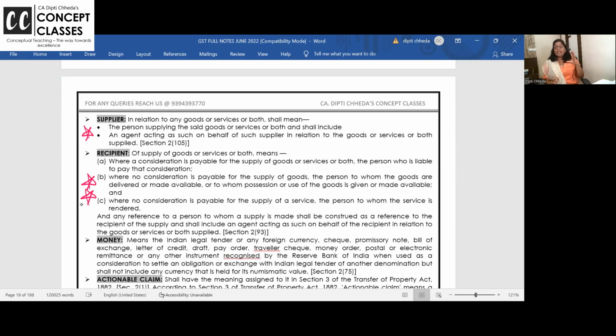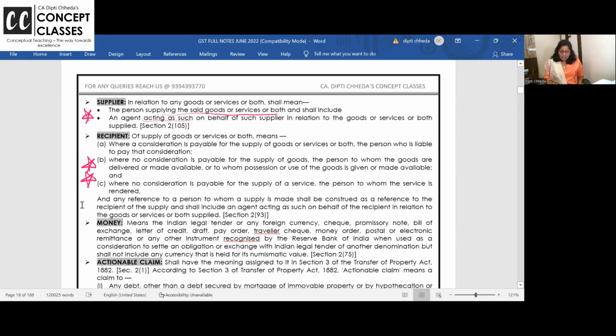In one bill, if you're giving your 4-wheeler for servicing, the washing and wheel alignment and all, GST is payable as per the services rate. And if you have changed some tires or some parts and seat covers and all, then it is like sale of goods. So supplier is a person who is supplying goods or service, and it includes agent, principal agent relationship.